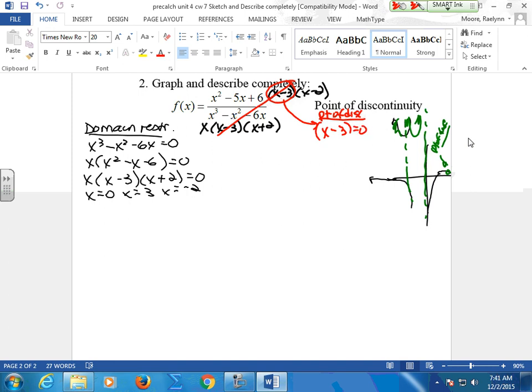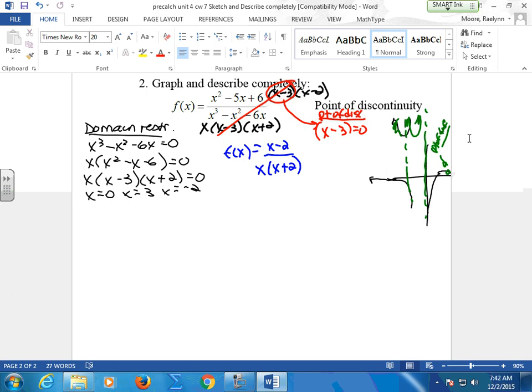Just put that over to the side, and we'll come back to this. What's left in this, we put down what's left. Now, our point of discontinuity we're going to return to in a minute.